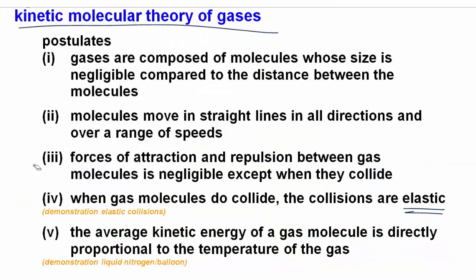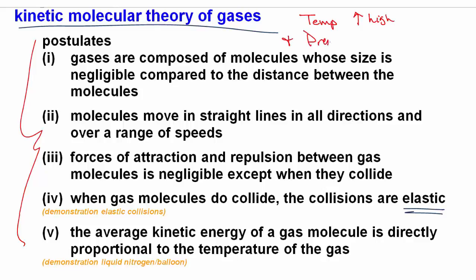I think a takeaway message for today's topic is not only to have a good feeling and understanding for the postulates of the kinetic molecular theory of gases, but also to realize that when the temperature of the gas is really high and the pressure of the gas is really low, hey, we can get by using the ideal gas law.